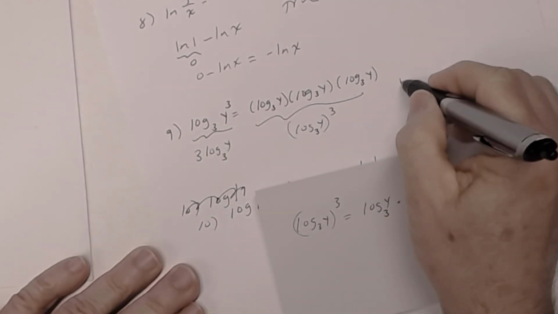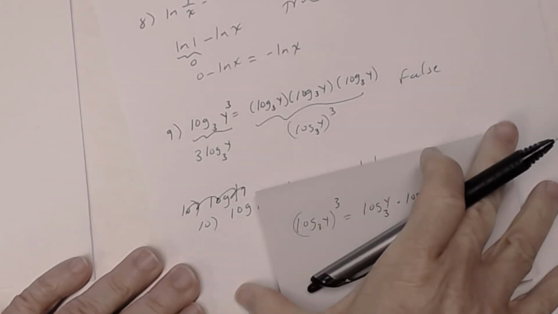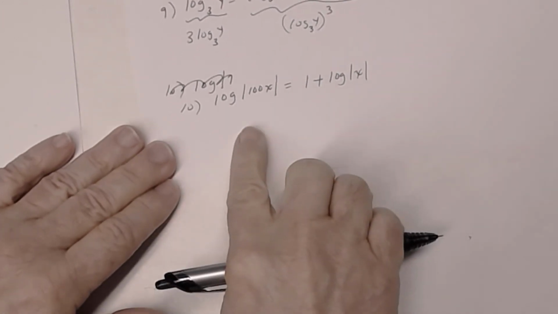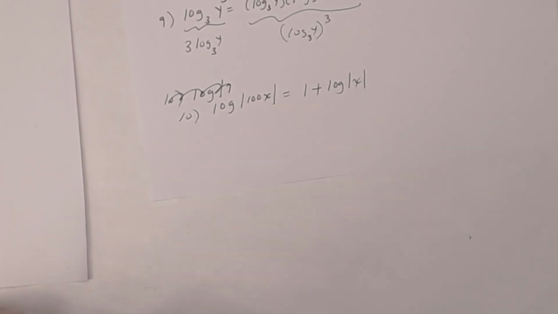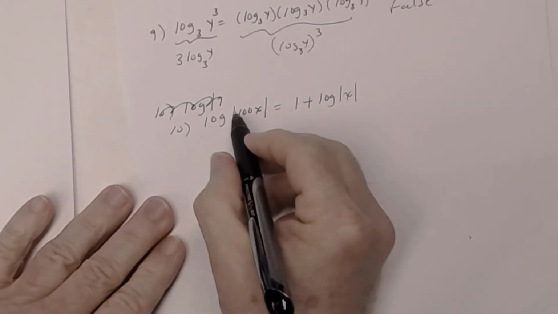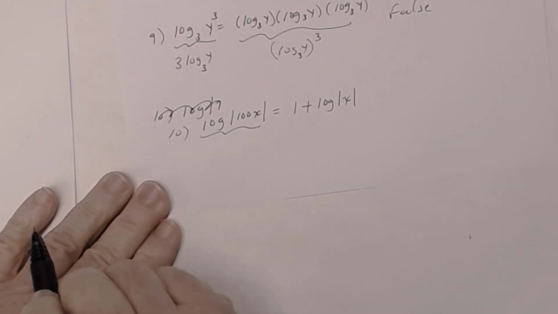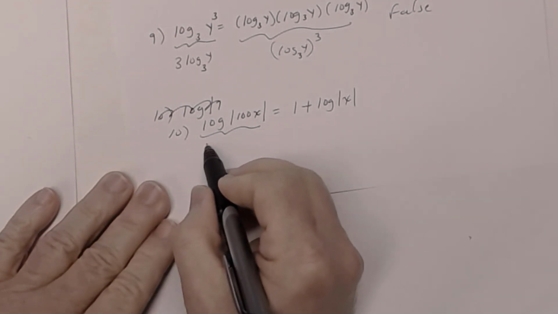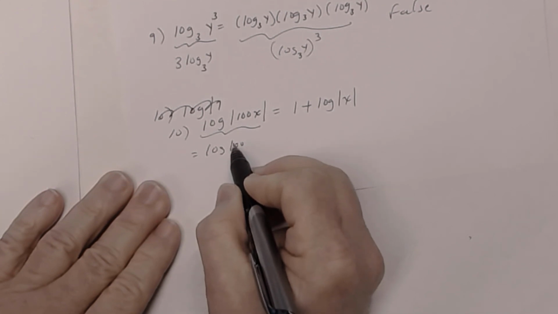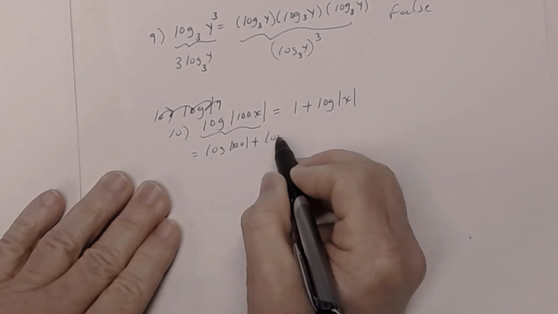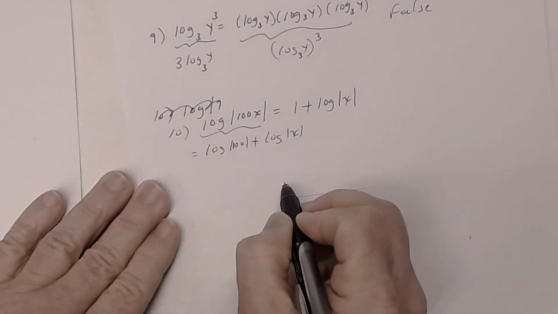So that one's false. And then finally, let's look at number 10. You have the log of the absolute value of 100x. Don't make that difficult. Let's think about this side right here. This means the log of the absolute value of 100 plus the log of the absolute value of x, right?